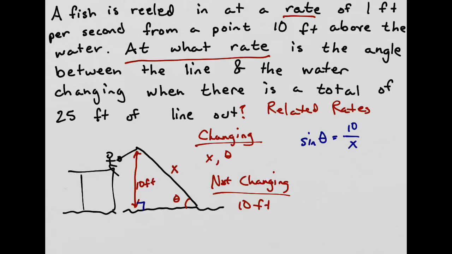So if we want to take the derivative, I'm going to rewrite this as x sine theta is equal to 10, just because I like that better before I take the derivative. I'm going to go to the next page. So we have x sine theta is equal to 10, and we want to take the derivative with respect to time because it's related rates.